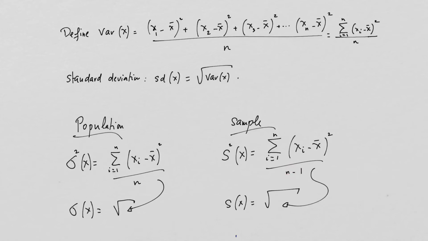N minus 1 is sufficient. And by the way, sometimes we even use n minus 2. If I have one more additional piece of information, as you will see in the future, let's say I have 2 pieces of information, I don't need to know n. I don't even need to know n minus 1. Sometimes we actually divide by n minus 2. And that's going to come in handy when we deal with residuals.